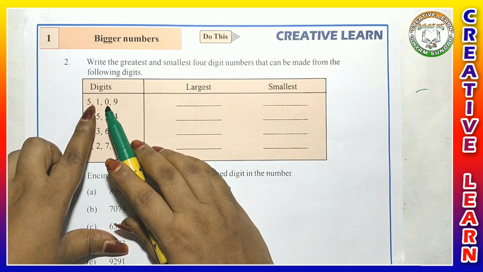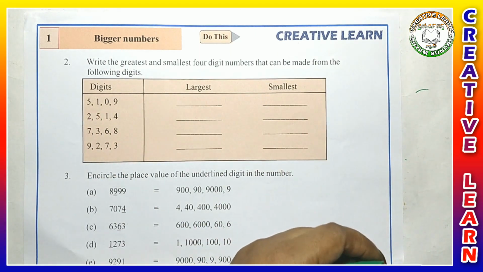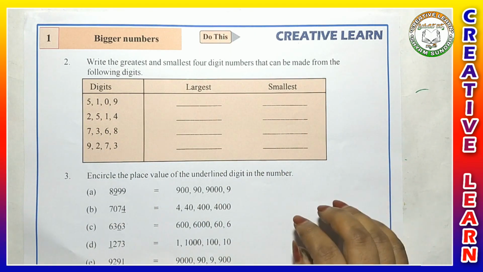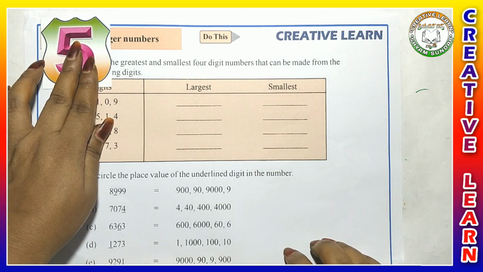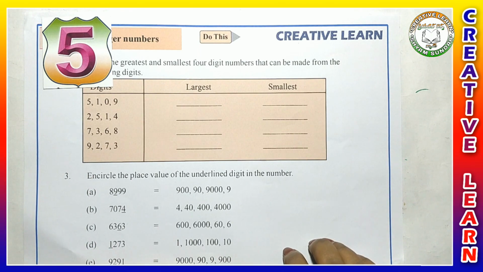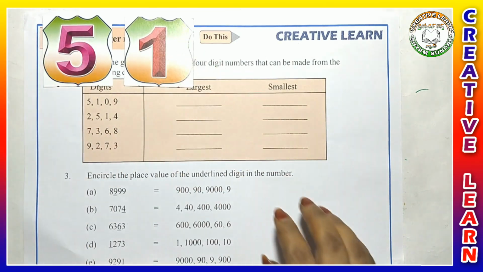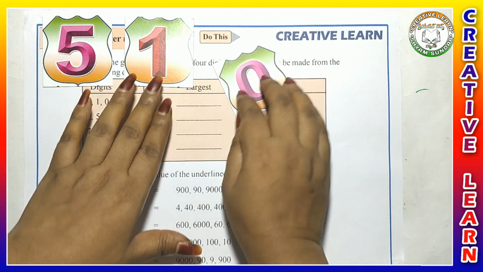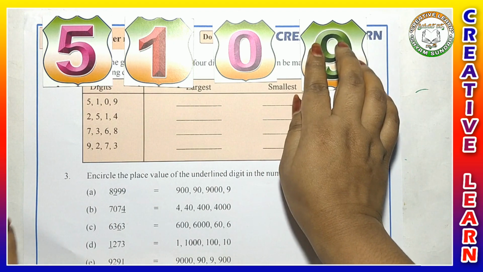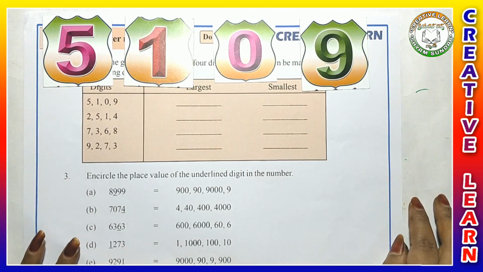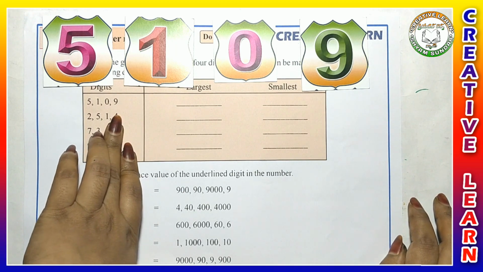Okay, let's see the first one: 5109. What are the digits? 5, 1, 0 and 9. These are the 4 digits given here. From these we have to make the largest and smallest number.